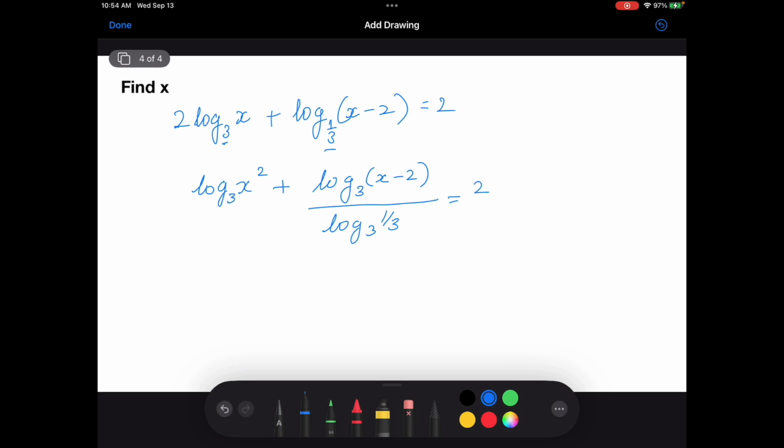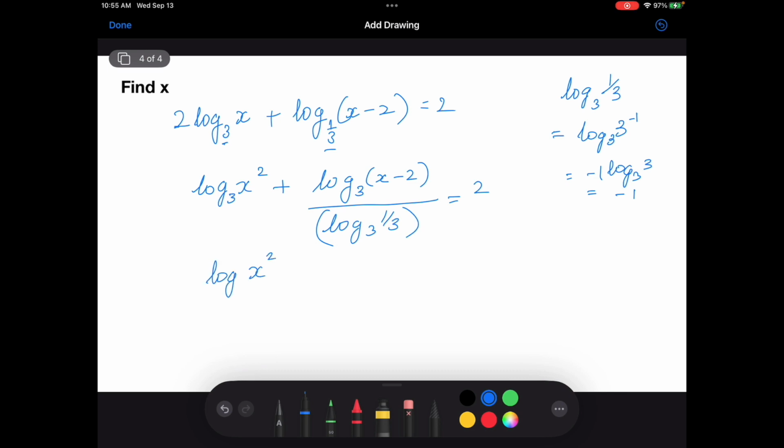So we know that log 1 by 3 to the base 3 can be written as log 3 to the power minus 1 to the base 3, which is nothing but minus 1 into log 3 to the base 3. So this becomes minus 1. So this entire denominator is minus 1.